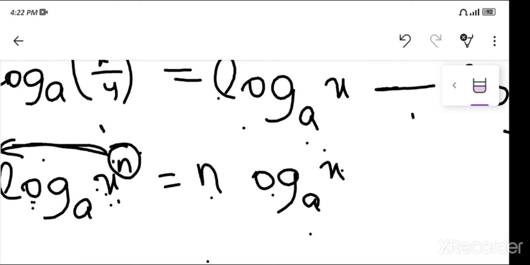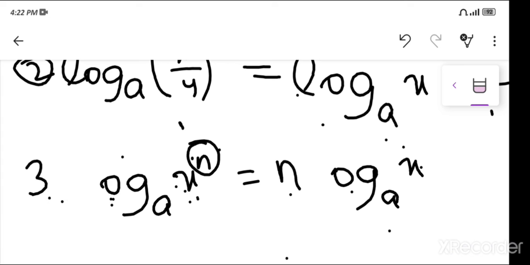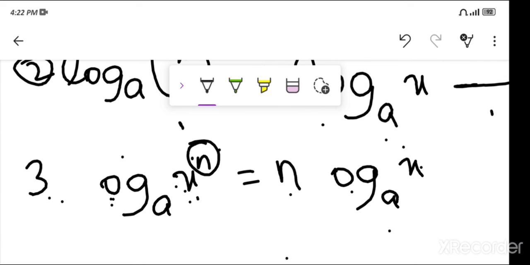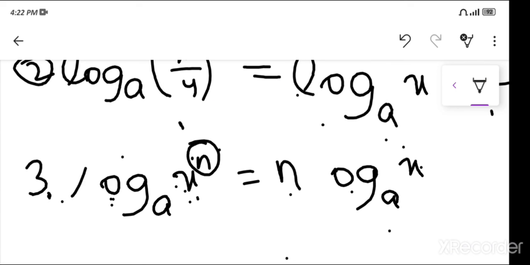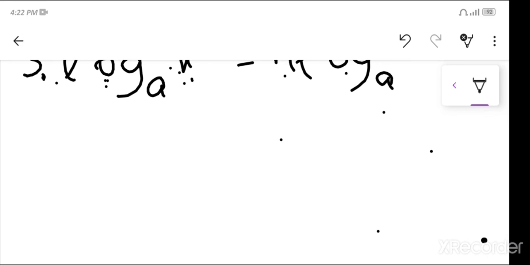That's how you do it. That's why it's called the power rule. Alright, that's the third formula.